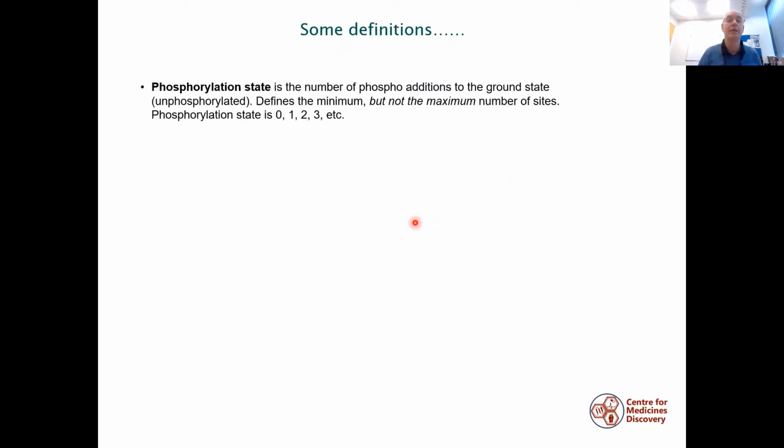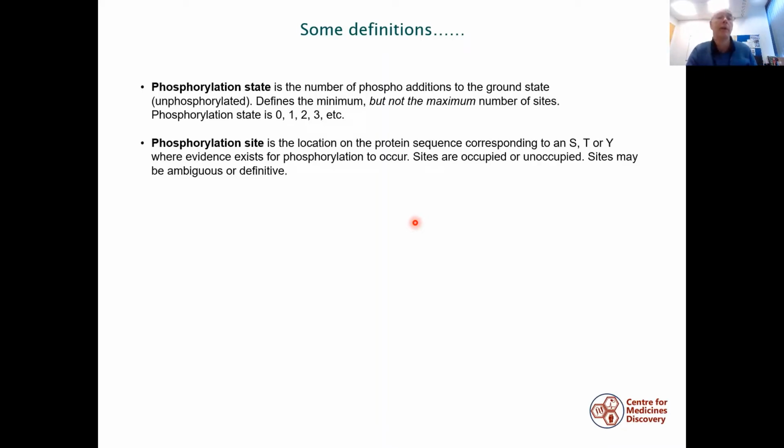Phosphorylation state, as I've tried to illustrate here, is the number of phospho additions to the ground state, the unphosphorylated protein, and it defines the minimum but not the maximum number of sites. So your phosphorylation state can be 0, 1, 2, 3, and so on. Phosphorylation site is the location on the protein sequence corresponding to a serine, a threonine, or a tyrosine. These are the residues that can be phosphorylated, where evidence exists for phosphorylation to occur.